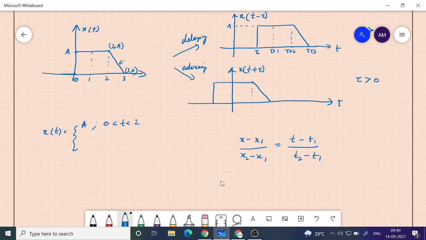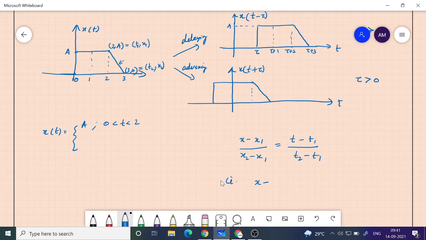x is the variable, then x1 is what? Sorry, x1 is a, and t1 is 2. This is of the form (t, x), so this is (t1, x1), and this one is (t2, x2).